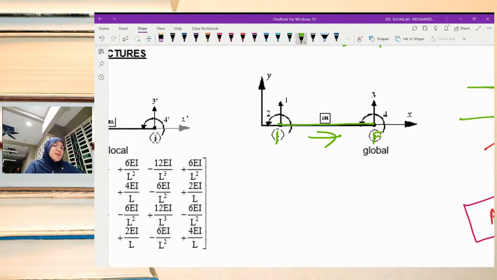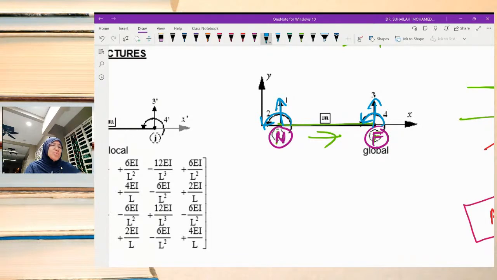This will be the far end, and this is the near end. Near to far. And at each node, there are 2 degrees of freedom, in y direction and in z direction. Y and Z direction for the near end, and Y and Z direction for the far end.